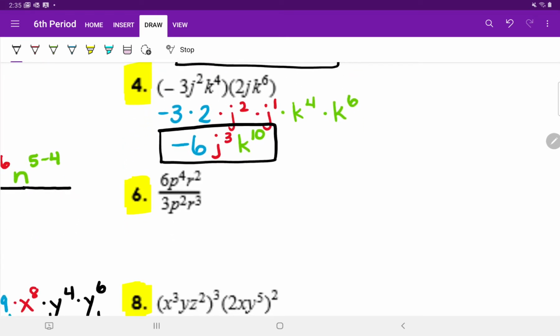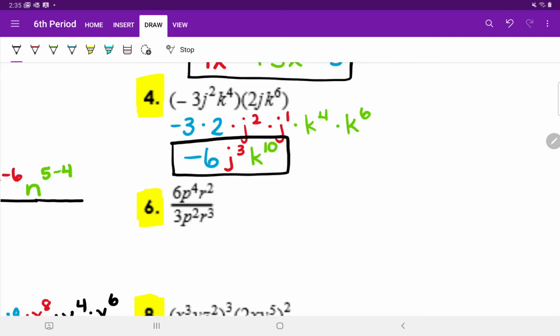Moving on to 6. 6 is obviously a division problem. So I'm just going to rewrite my fraction here, and I'm going to color code the various factors involved. So I've got a 6 over 3, a p to the 4th over p squared, and an r squared over r cubed.